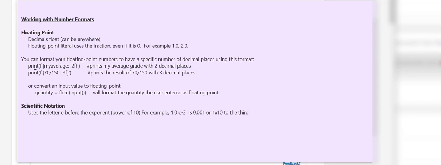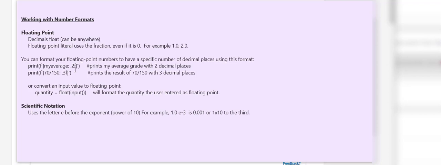So for example, here, if I've got a variable, my average, and let's say my average is 89.34567, then it's going to print my average, and then after that colon, you'll have 2 decimal places.